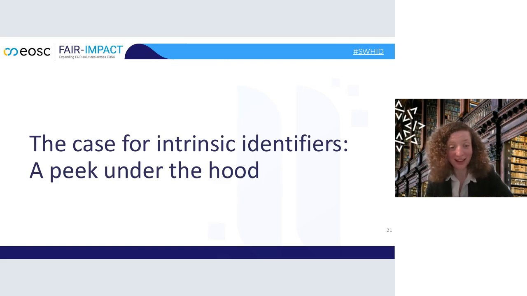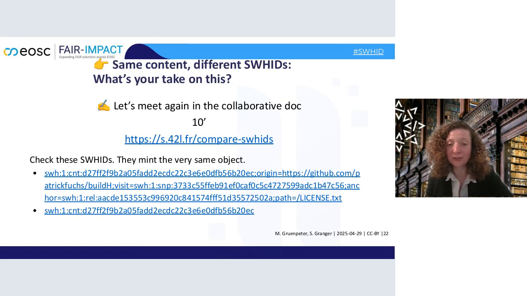And this is actually a good time to take a peek under the hood of these intrinsic identifiers. First, I need you to go and test those two identifiers that we have prepared for you.